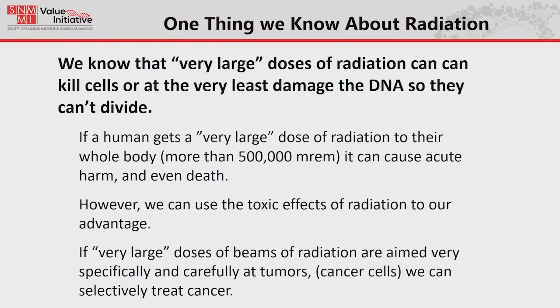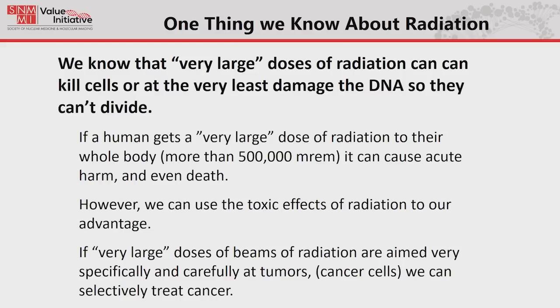But if a human gets very large doses of radiation all at once, at 500,000 millirem, and we'll talk about what a millirem is in a couple minutes, it can cause acute harm and even death. We know this from Hiroshima and Nagasaki, these kinds of things that have been studied extensively. So we know that radiation is dangerous, particularly in very large doses.